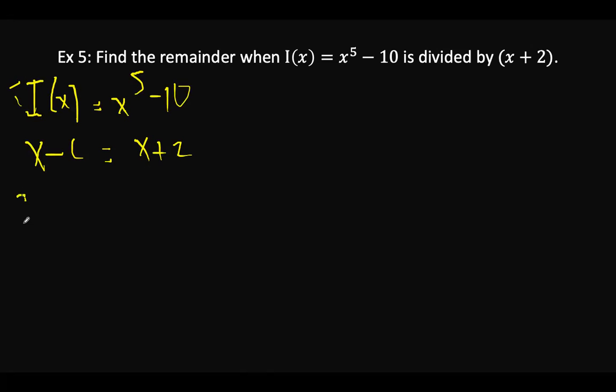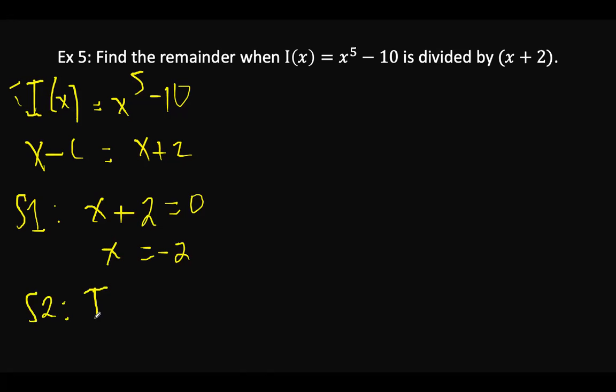So step number 1, ang step number 1 natin ay equate the given monomial to 0 and solve for x. So x is equal to negative 2. And step number 2, substitute natin si negative 2 sa x ni I. So I of negative 2. Okay?